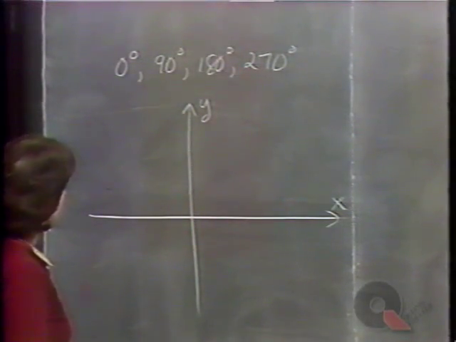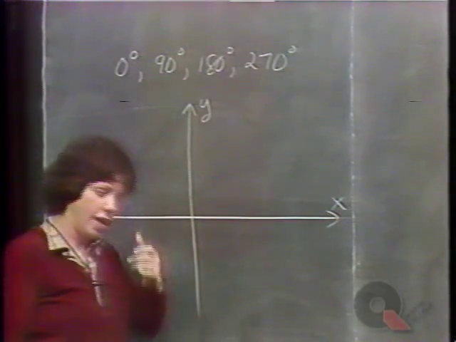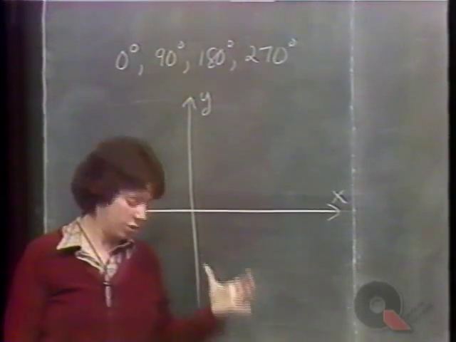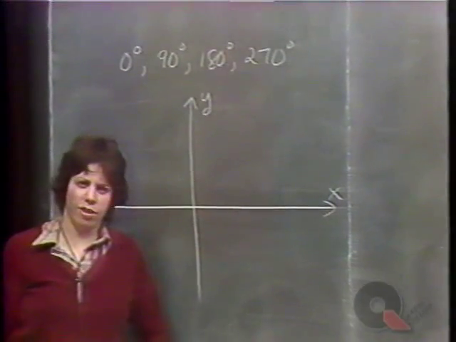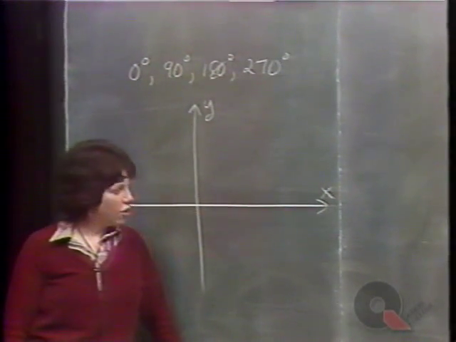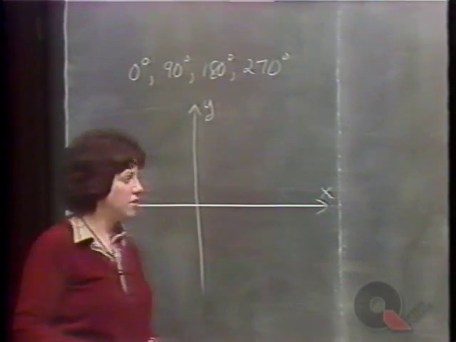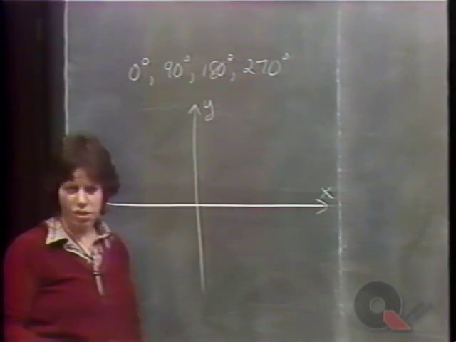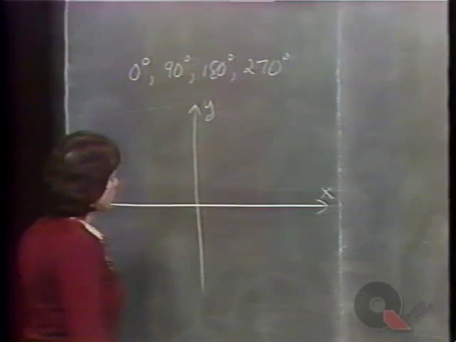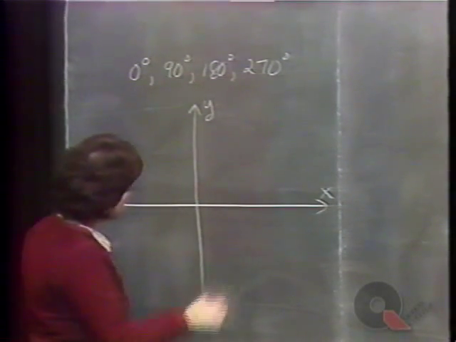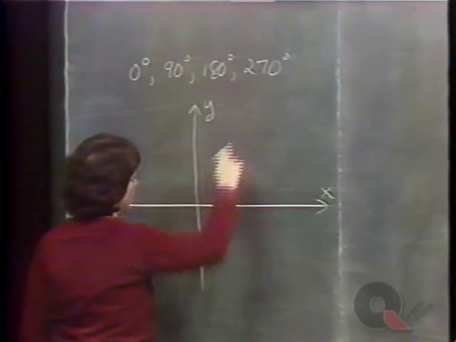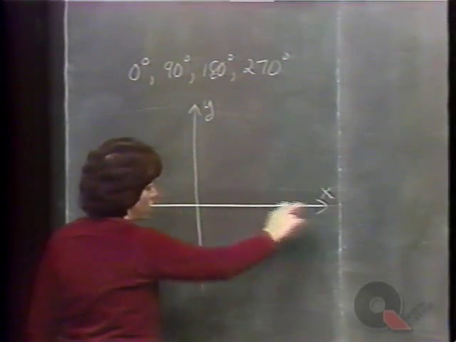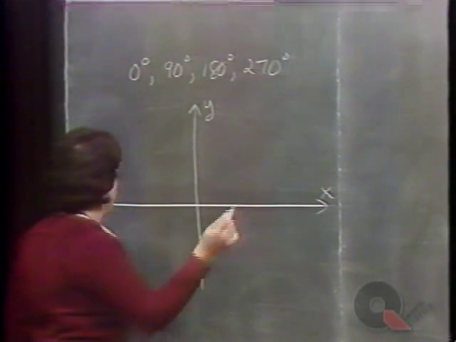Okay. Now, when you're dealing with angles other than acute angles, the SOHCAHTOA definitions are not good for us anymore. You remember this was the original reason for defining the trig functions for angles of any size. And recalling how we did this, by the way, if you haven't seen the videotape, I would suggest you go back and look at the videotape, which is, I think, entitled Definitions of the Trig Functions. Those of you who have seen it, the idea was that an angle of any size is put in standard position, that it has its initial side along the positive x-axis, and its terminal side can be anywhere.